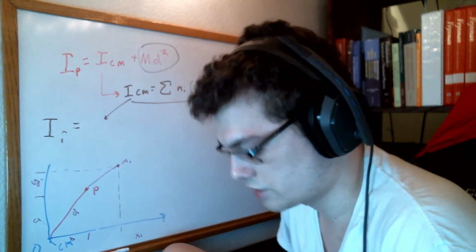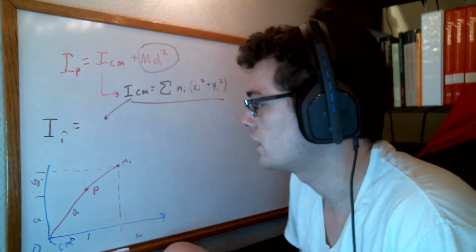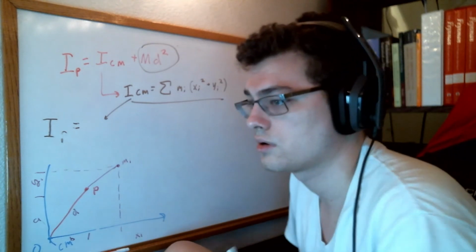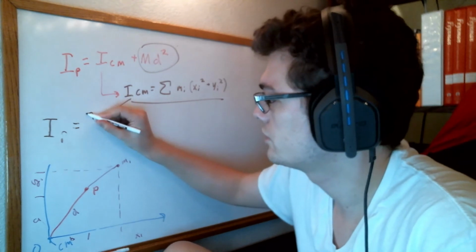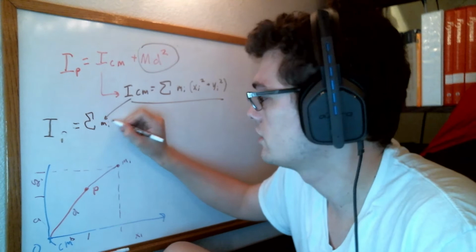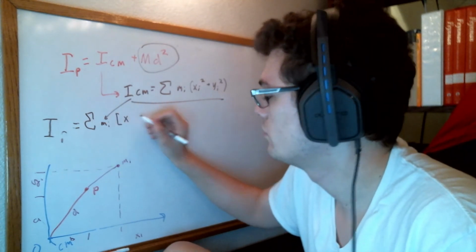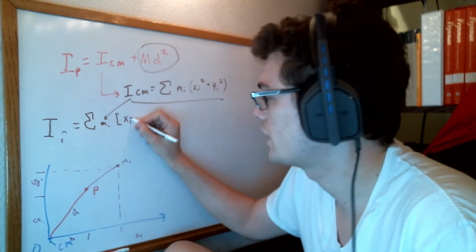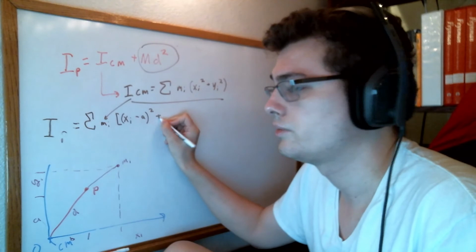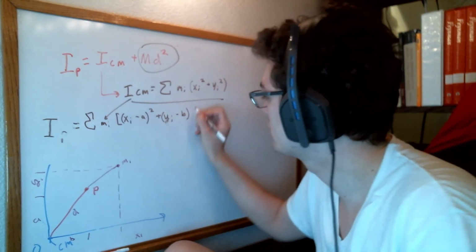And so now we can write a couple expressions about IP. So then IP is just going to be equal to sigma of MI, and then we'll be able to combine the two expressions into XI minus A squared plus YI minus B squared.